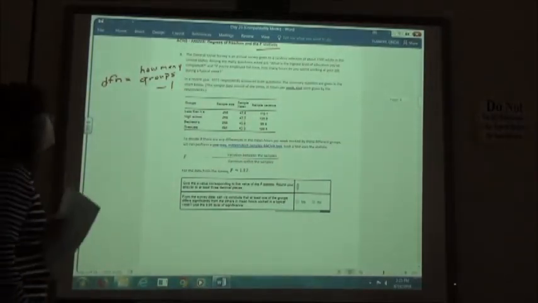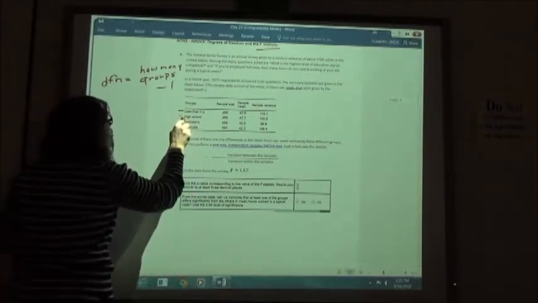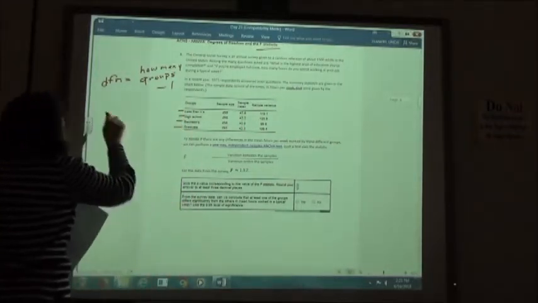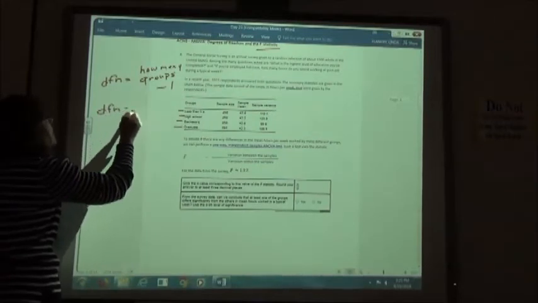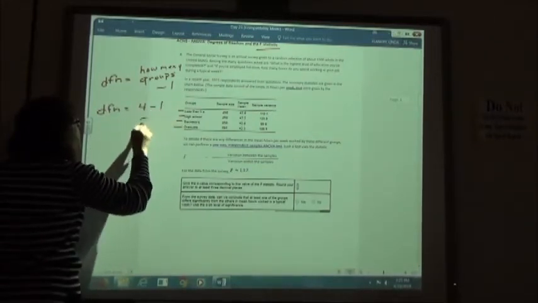I'll write it that way. How many groups minus 1? In this case, how many groups do I have? I have 1, 2, 3, 4 groups. So my DFN number is going to be 4 minus 1, which is just going to be 3.